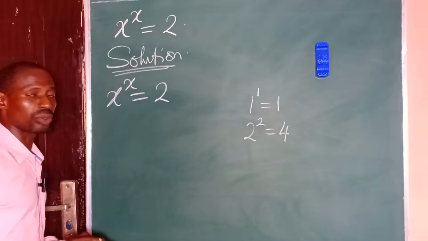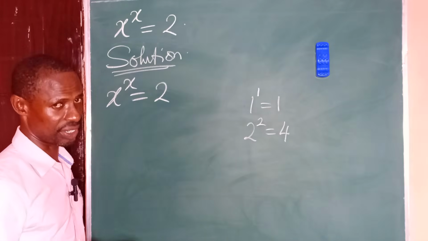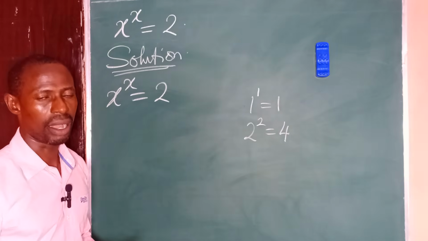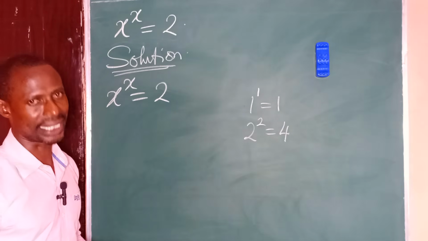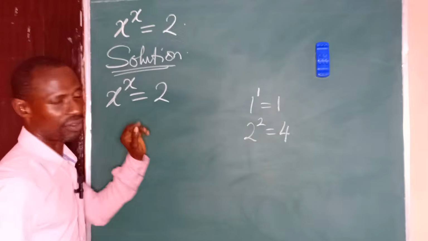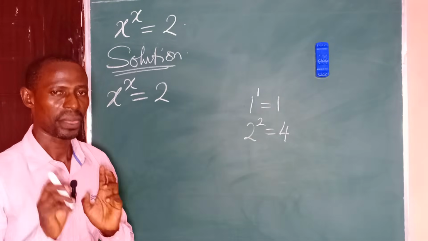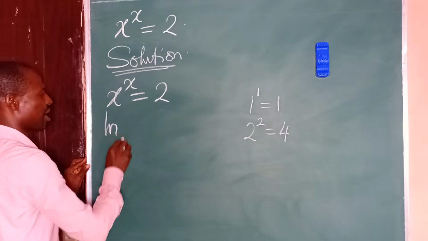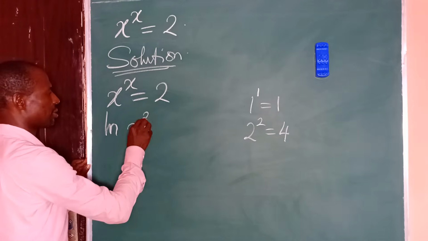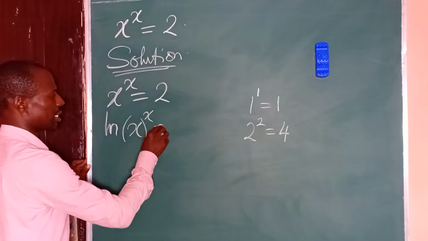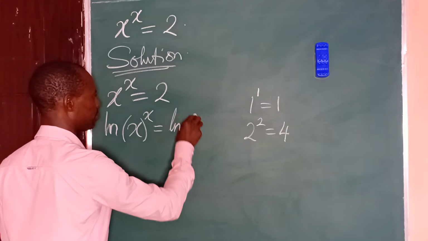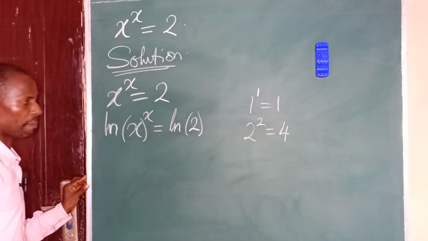And so we're going to apply a simple method to solving this. In this case, we're going to take the log base e or log base 10. But because of what we're going to use later, we're going to take ln, base e. And so we're going to take ln of both sides of the equation. So we have here the ln of (x to the x) is equal to the ln of 2.